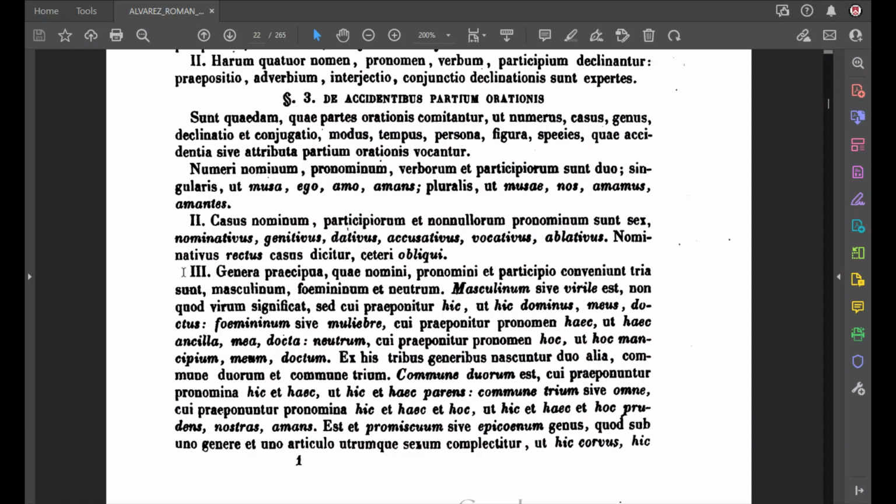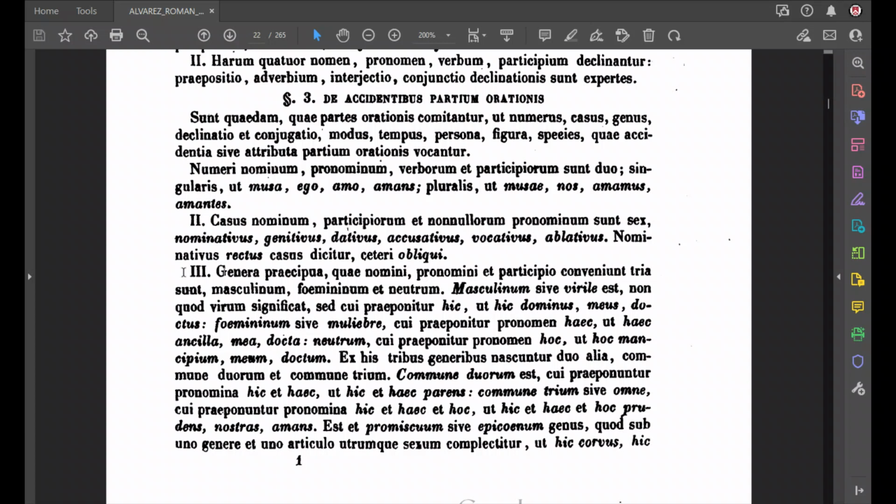Genera praecipua. Genera praecipua, that means the primary genders. Genera praecipua, quae nomini, pronomini et participio conveniunt. That means they belong to nouns, pronouns, and participles.